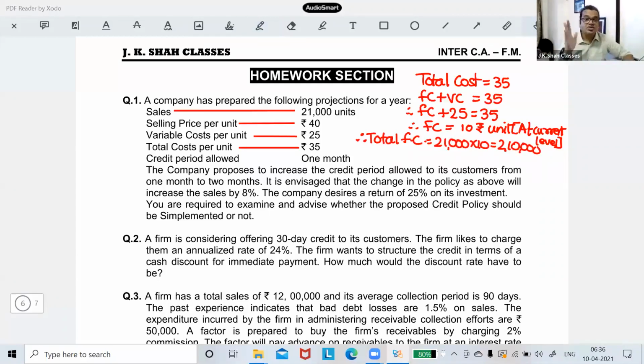Fine. So the total fixed cost would be 2 lakh 10,000. Now you guys tell me, even if the production changes, even if the units produced and sold change, suppose he increases the credit period and because of that the sales increases, unless otherwise told in question, this total fixed cost of 2 lakh 10,000 will remain constant. Everybody agrees on this? Yes, people?